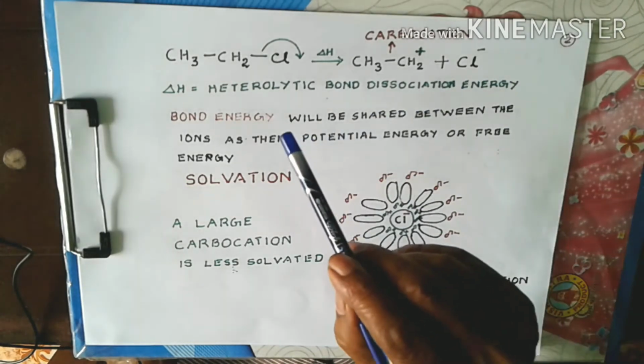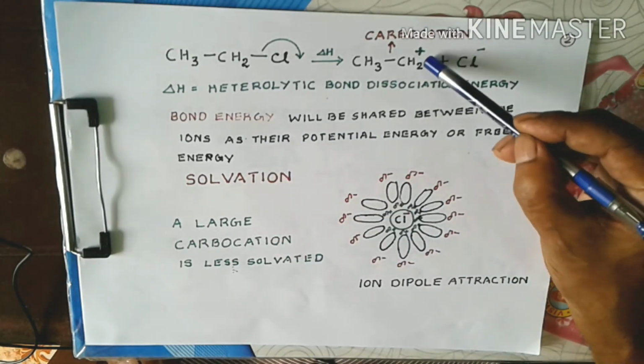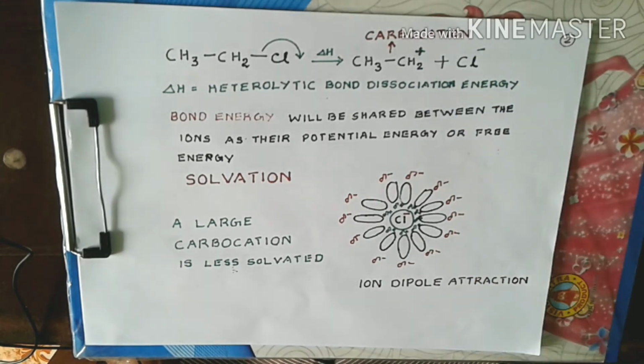That is, the bond energy supplied to the ethyl chloride molecule will be shared between the carbocation and the chloride ion, and these energies will remain as the potential energies of CH3CH2 positive and Cl negative. So CH3CH2 positive will be at a higher potential energy and so it is unstable.